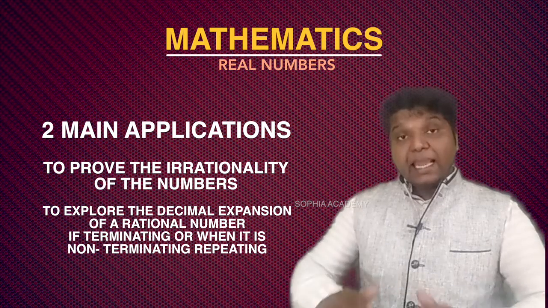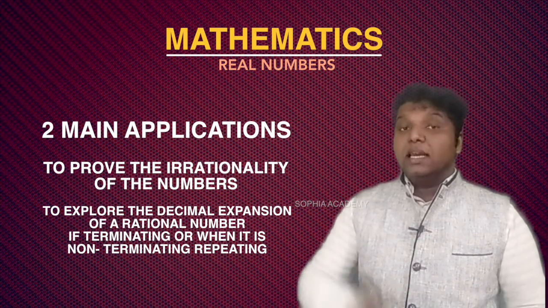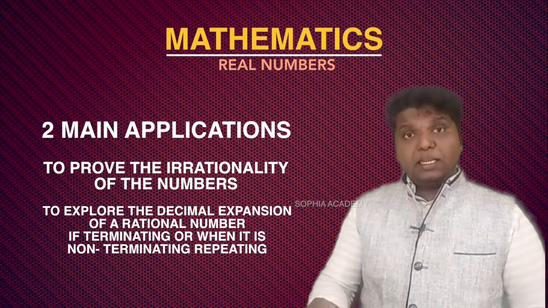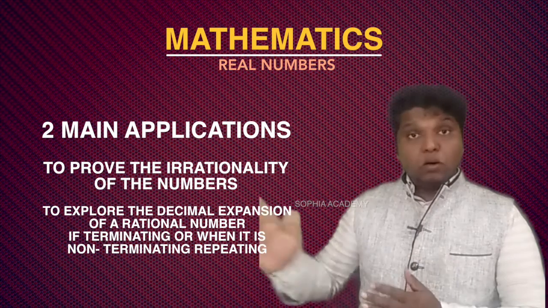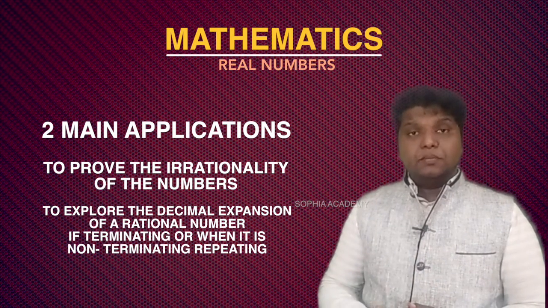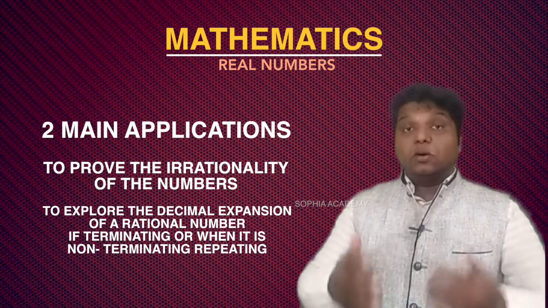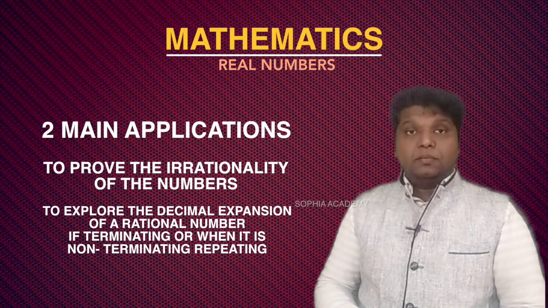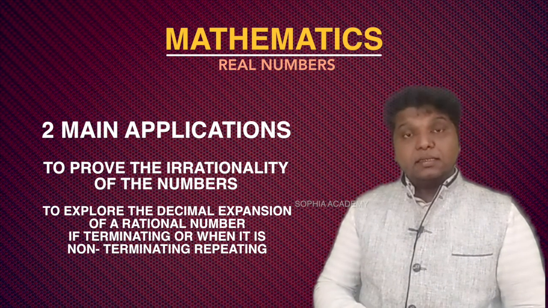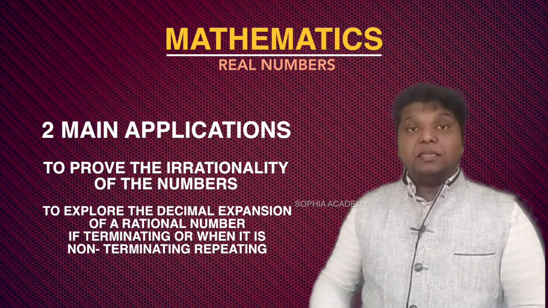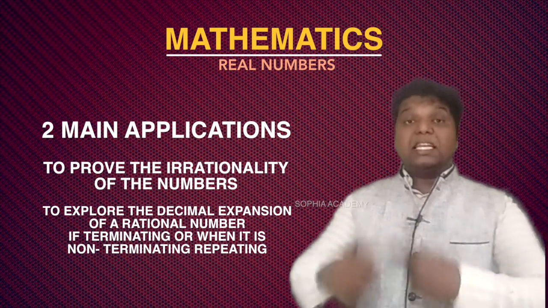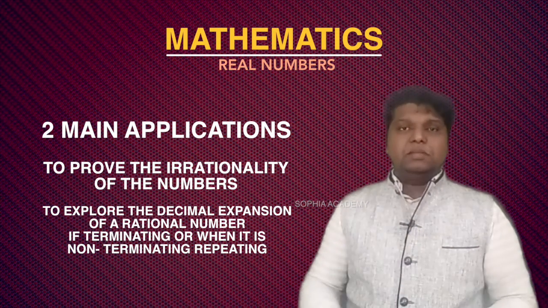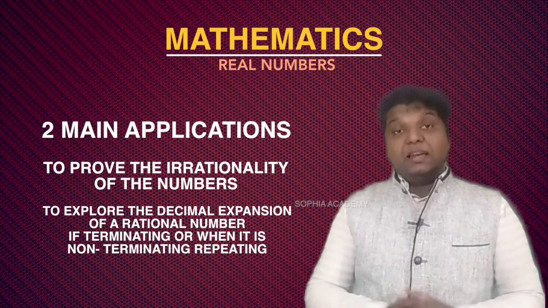In non-terminating, there are again 2 cases. Case 1, it can be non-terminating and non-recurring, which means it's not going to stop and not going to repeat. Another case, it's non-terminating but recurring: it's not going to stop, but it keeps on repeating the numbers. That's what we studied in our 9th class.